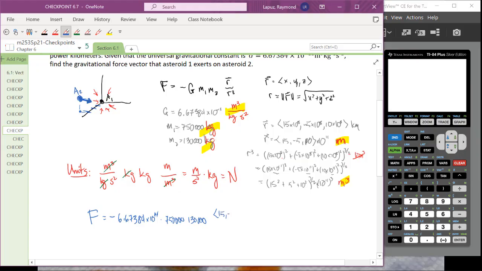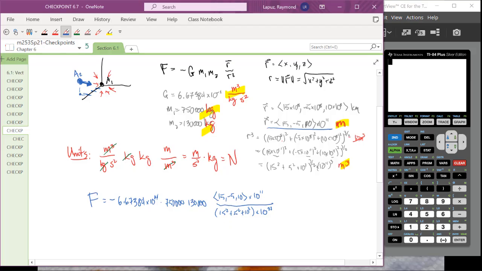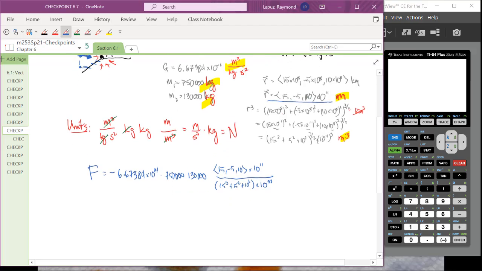That's 15, -5, 10, and we're multiplying times 10 to the 11th for the numerator, and we're dividing by 15 squared plus 5 squared plus 10 squared. And we're multiplying that by 10 to the 33rd power in the denominator, and the units are already all taken care of.